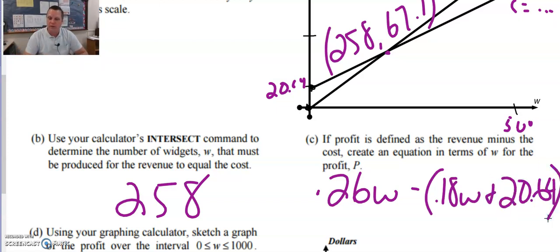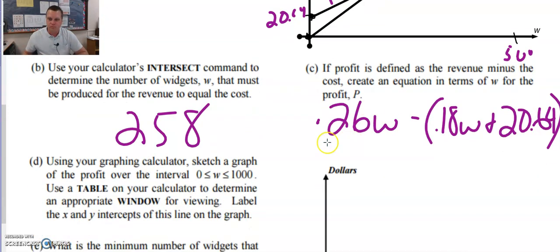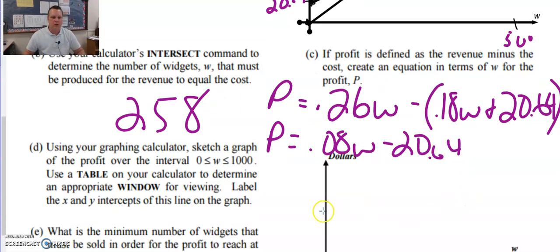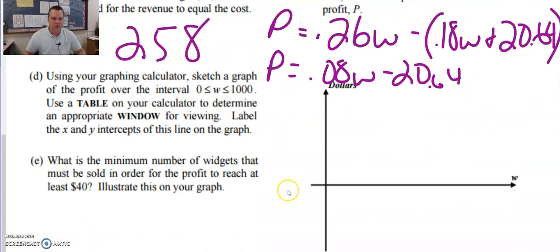Because revenue minus the cost will give you your profit. Distribute that negative, combine the W's, and I end up with profit. Put a P up here. Profit equals 0.08W minus 20.64.